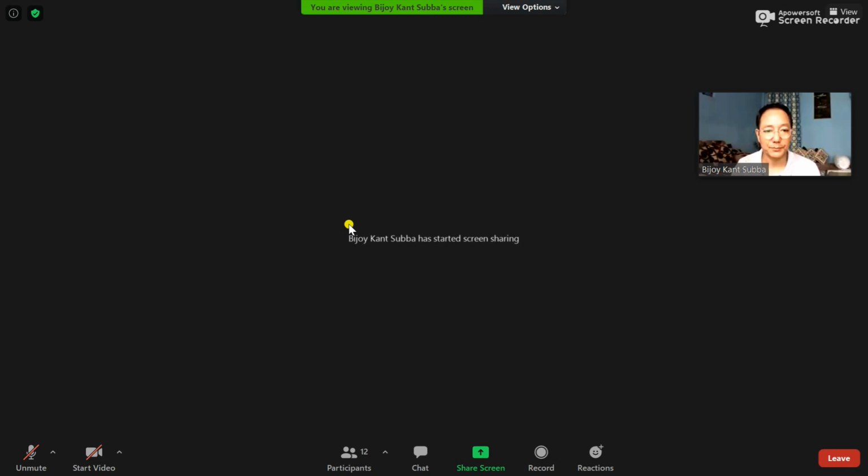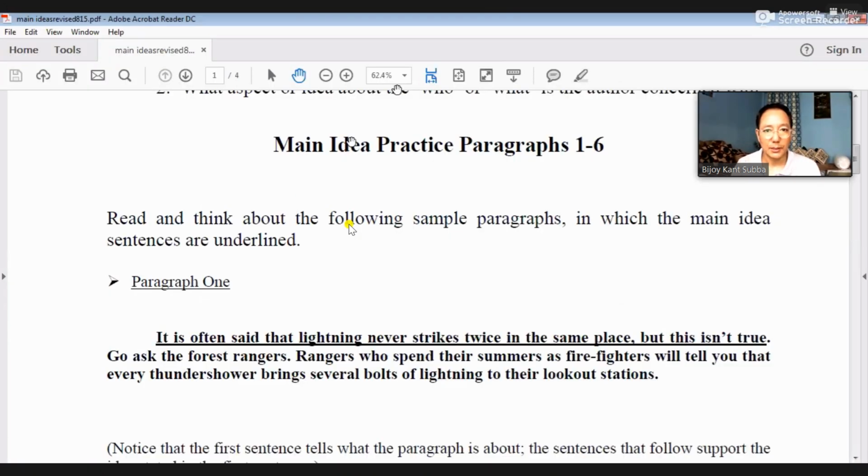Right? Now, for main idea, I'm going to display some more about main idea. All right, so everybody take a look. It's simple. It gives you a better idea about what exactly is main idea. Okay, hang on there. It's a long one.